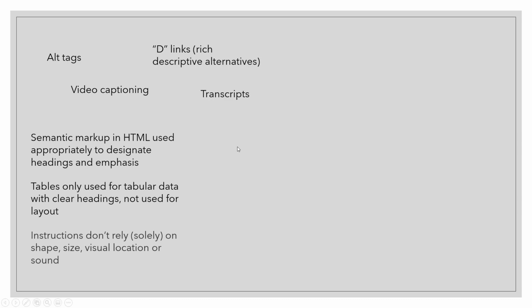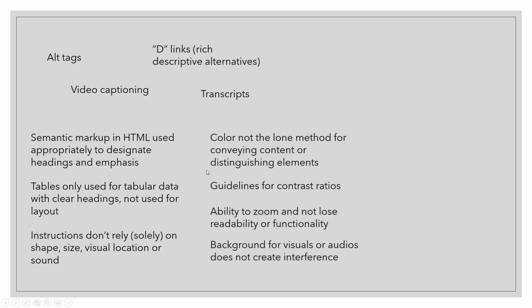So, many of us are probably familiar with specific accessibility techniques like alt tags or video captioning or descriptive links or transcripts, like I mentioned. And then you might even be familiar with other accessibility techniques. And of course, the Web Content Accessibility Guidelines breaks this down into 4 principles of information should be perceivable and operable and understandable and robust.